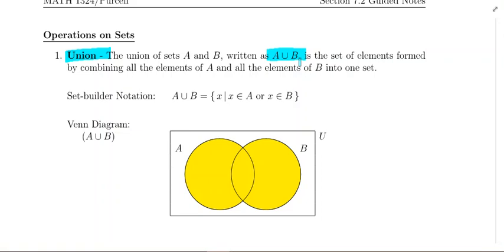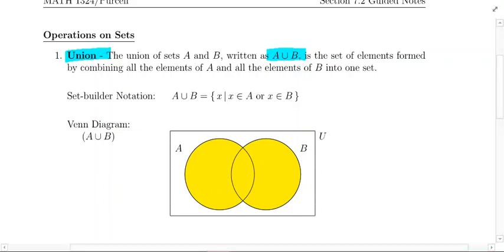If you get married, then you and your spouse move in together and you're unioning, or joining, your households. You're combining all of your things into one new home. That's a way you can remember it. Again, union just means you're taking every object from set A and from set B and putting all of those things together to form a new set.